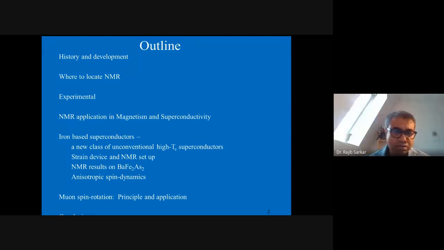Followed by this, I will try to give you some applications where this nuclear magnetic resonance technique can be applied in the field of magnetism and superconductivity, or in general in the context of strongly correlated electron systems. And after that, I would like to give you a very specific example of what we have done out of our many research topics, one that I would like to share with those who are interested to do research in condensed matter, in general magnetism and superconductivity.